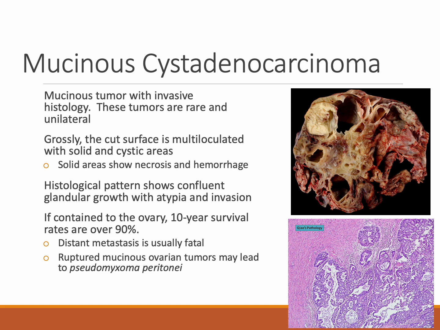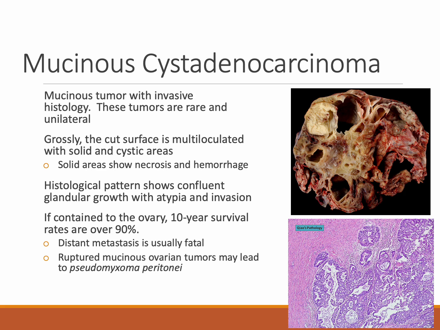I do find that when you stick these in formalin, it helps break up the mucinous fluid. It makes it a little bit easier to work with. Otherwise, these get quite sticky, and your scalpel blade can take some wear and tear. Now, overall, these tumors are quite rare. Typically, the common benign ovarian tumor is the mucinous cystadenoma, and the more common malignant tumor is the serous cystadenocarcinoma.